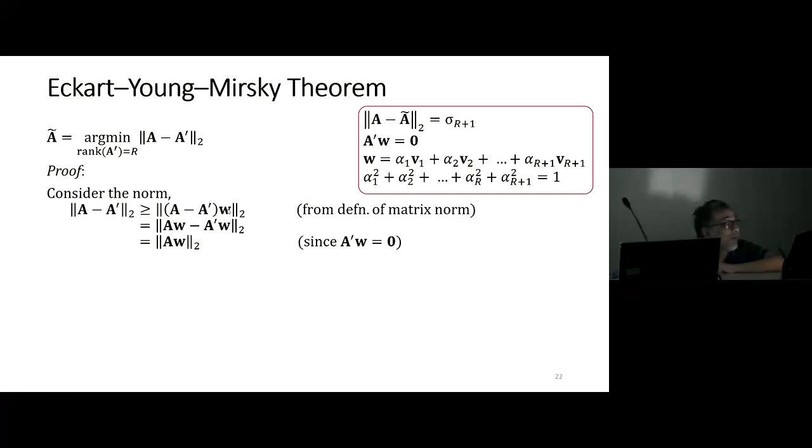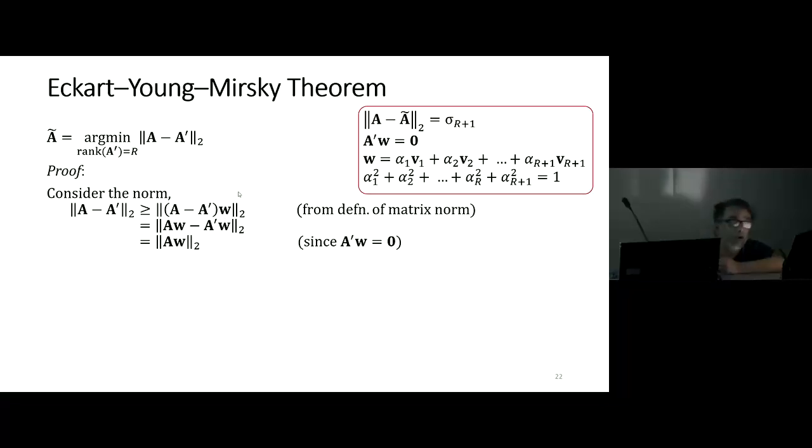Find a unit vector W that would maximize the L2 norm of the product, right? So by definition, the L2 norm is the maximum of this with W being a unit vector, right?